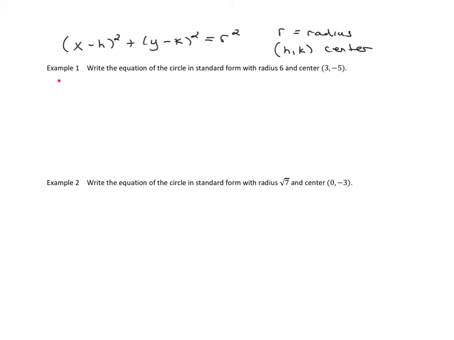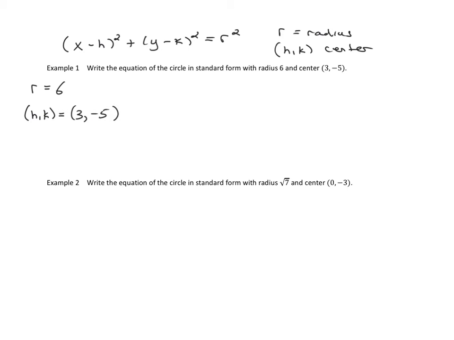In examples 1 and 2, I'd like to write the equation of a circle in standard form given a radius and a center. Starting with example 1, we are told that the radius is 6, and the center h comma k is 3, negative 5.